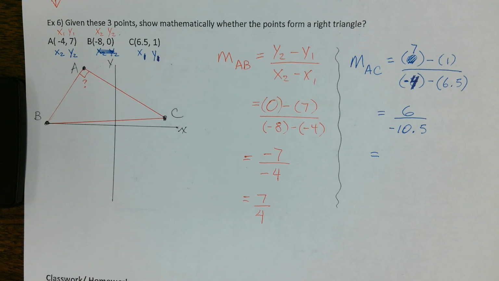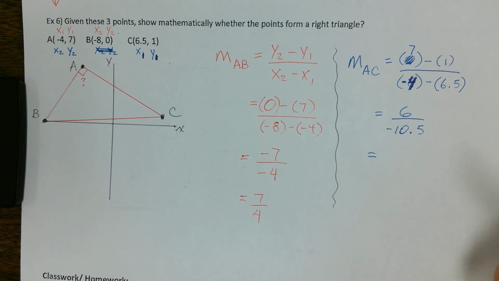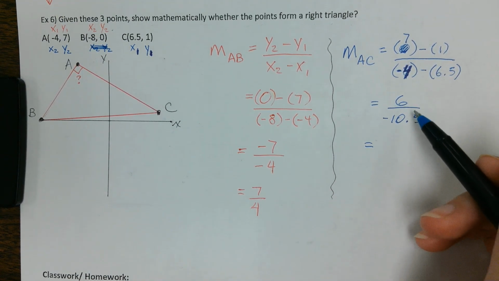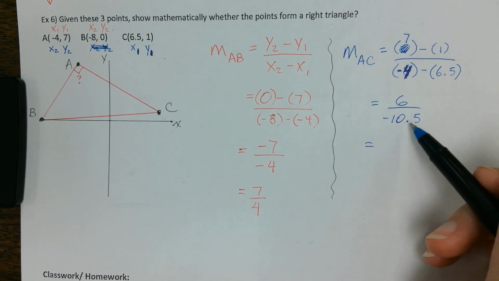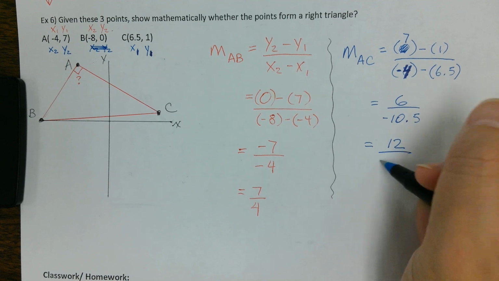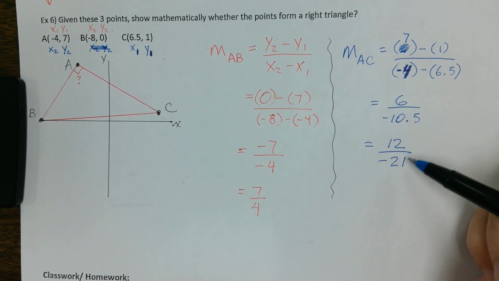Why did I use decimals? What's the easiest way to change this? I could double it so that I don't get the decimal. If I double this fraction, I'm going to get 12 over negative 21.